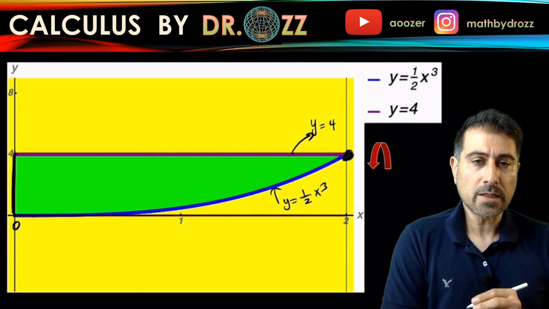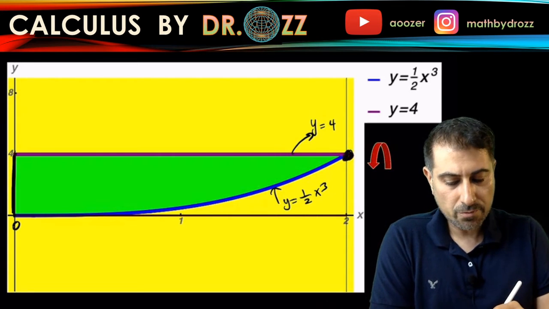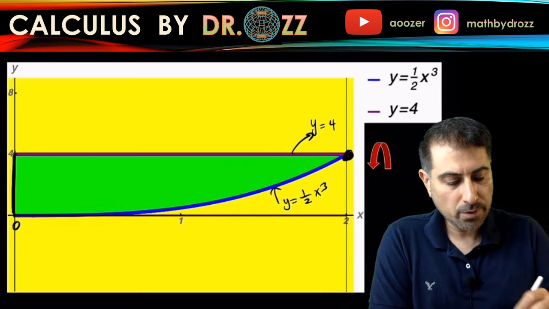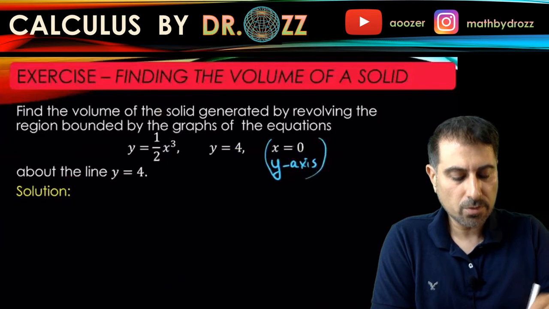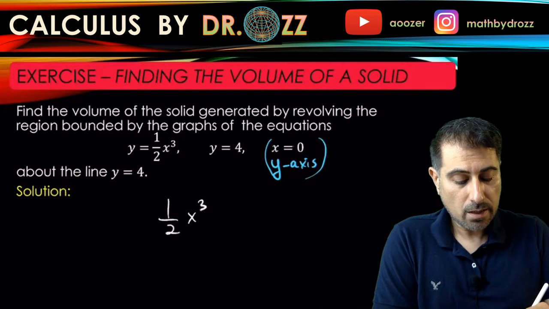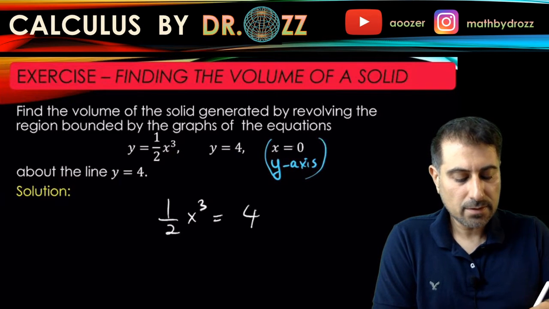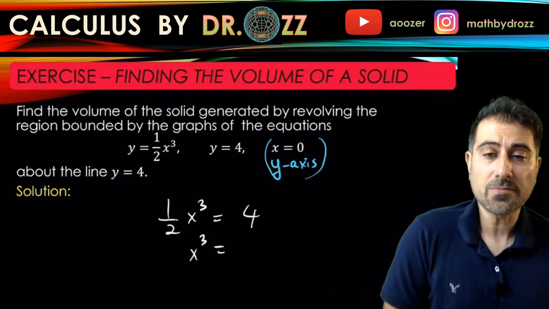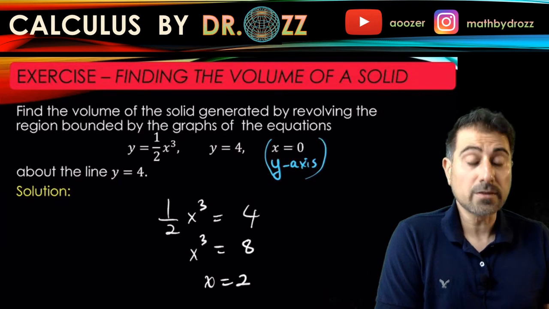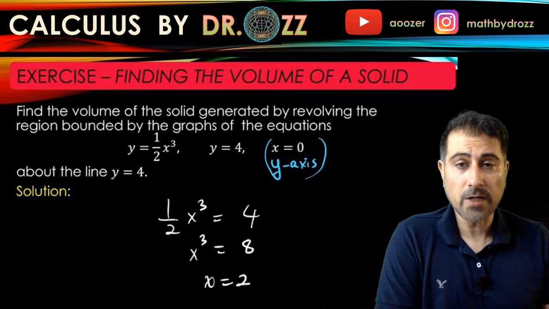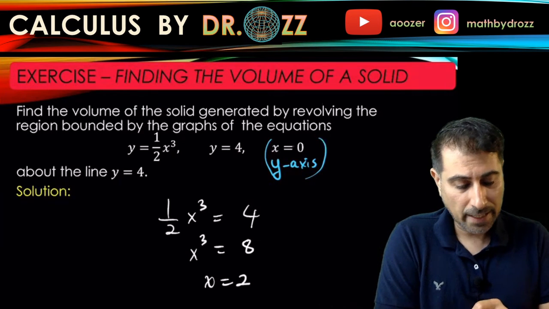I know what it is, x equals 2, but let me show you how you find it. You set 1/2 x cubed equal to 4, so x cubed becomes 8, and x equals 2. This is how you find the intersection of the two functions, y equals 1/2 x cubed and y equals 4.